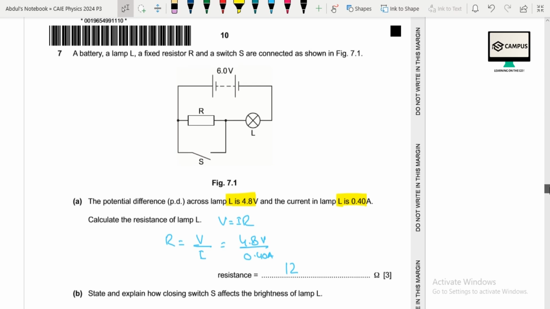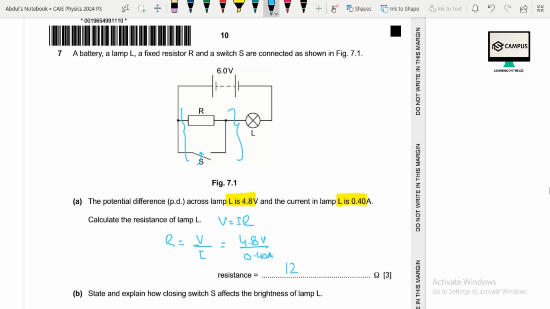Moving on to part B, state and explain how closing switch S affects the brightness of lamp L. All right. So when the switch S is closed, the resistance R and the resistance of this wire S would be in parallel, so the equivalent resistance of this whole parallel circuit would be lesser than the resistance of the wire.